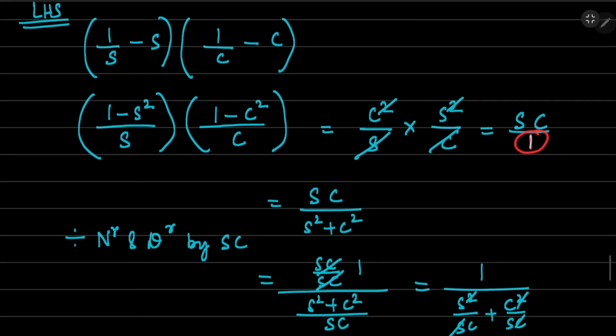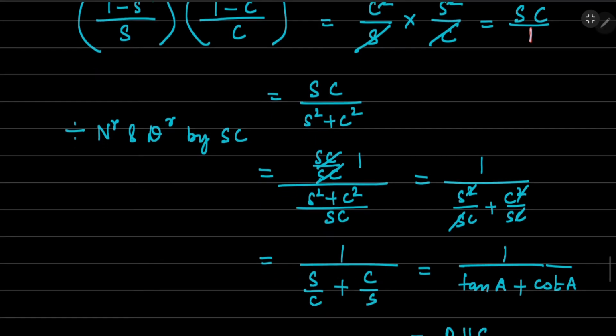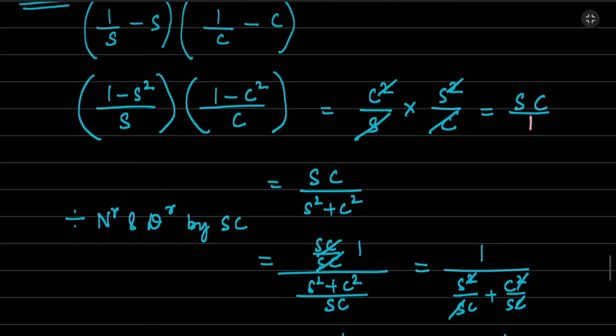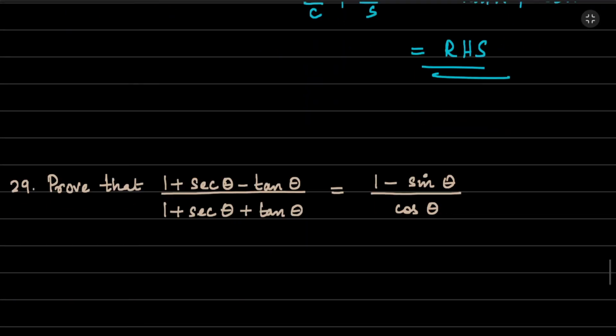So you are converting this 1 back into sine square plus cos square, and then you're dividing numerator and denominator by sine A cos A, so that you get a 1 in the numerator, and then you're just splitting the denominator into both the numerator terms. So sine square by sine theta cos theta plus cos square by sine theta cos theta. Okay, so that's how you are getting to tan plus cot. I hope it's clear. Let's move on to the next question.